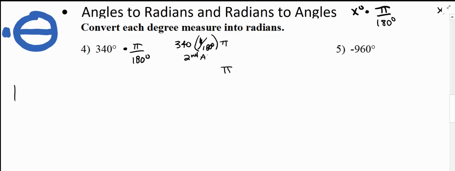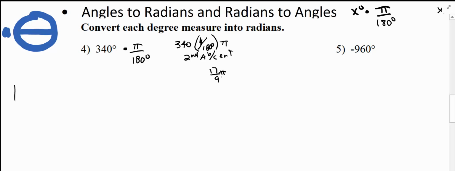Second, the ABC button again, and then hit enter, and it will give you 17 over 9, and then you tack on the pi. Let me write that away. So 340 degrees is the same as 17 over 9 pi, or 17/9 pi.